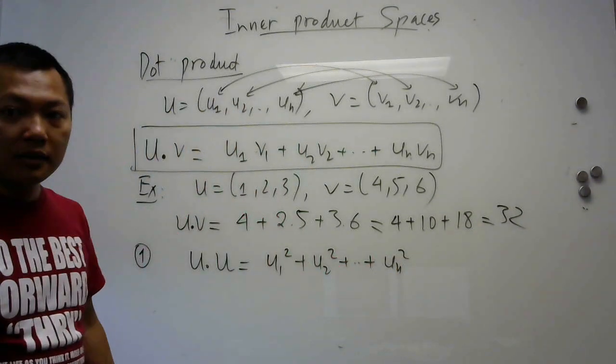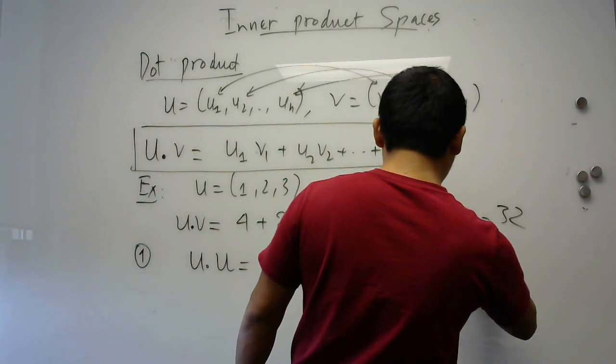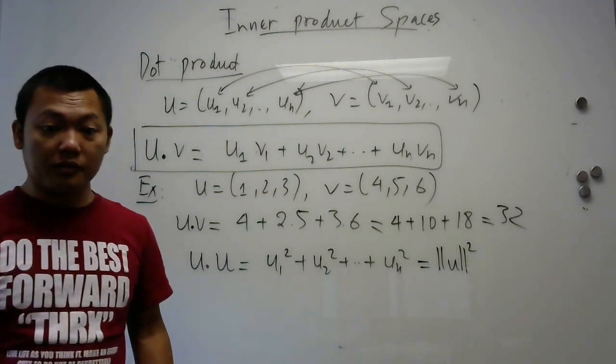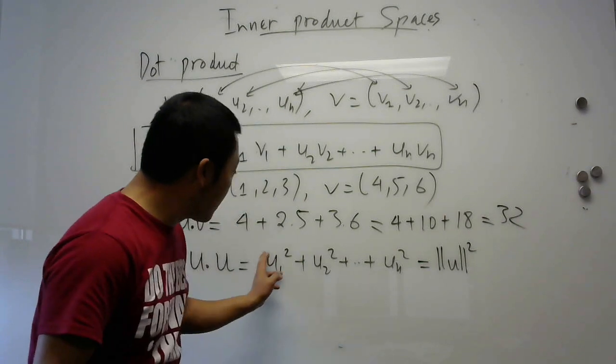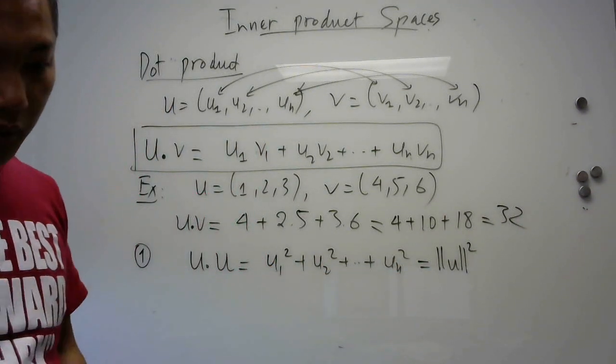What is that? That is the square of the norm of vector u. You see that? Because the norm of vector u has a square root in here, and here it is without the square root. So that's the first property.